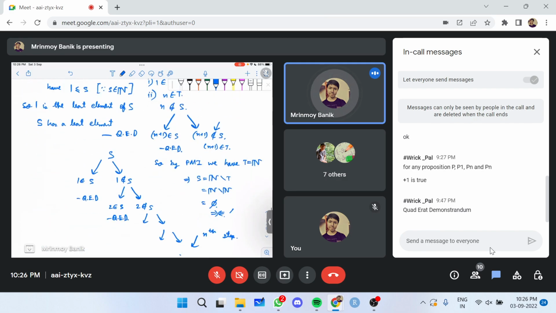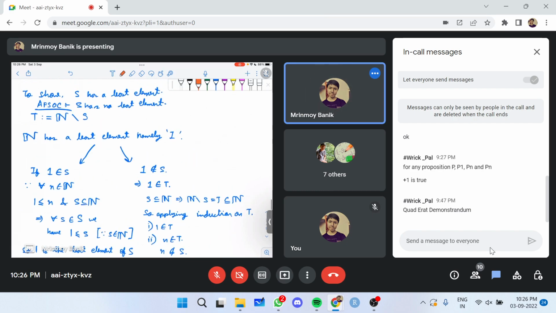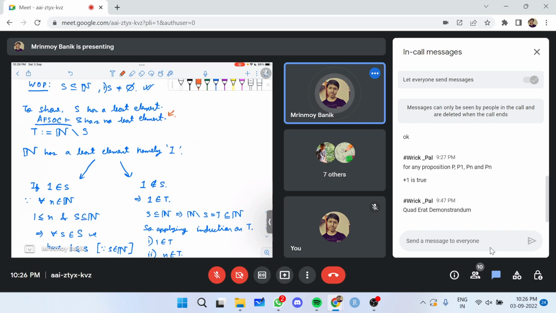And then this contradiction would have linked to this assumption. So we would have proved our contradiction and proved our assumption wrong. So S has a least element.